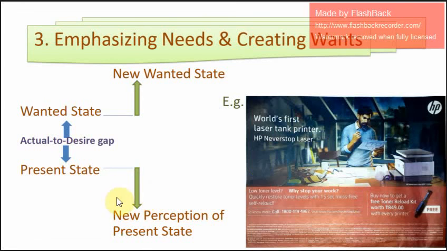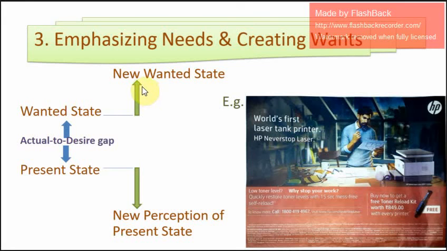They are showing that currently, whenever the toner levels go low, you have to go to the mechanic. So the perception of the present state gets lower, because here the marketer is showing that with the HP Never Stop laser printer, you don't have to do that.